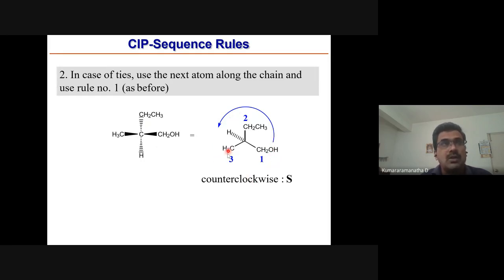It is in the counterclockwise direction, so it is S. So this is the second rule. I think you might be aware of this kind of rule, but for that reason I mentioned that if there is any tie, like if both atoms are the same, then we go to the second atom.